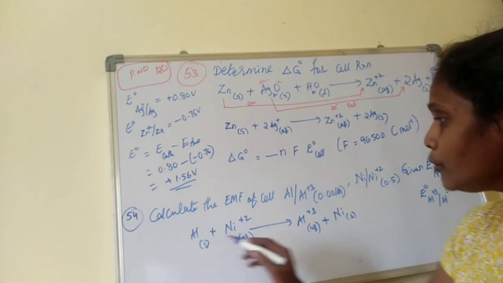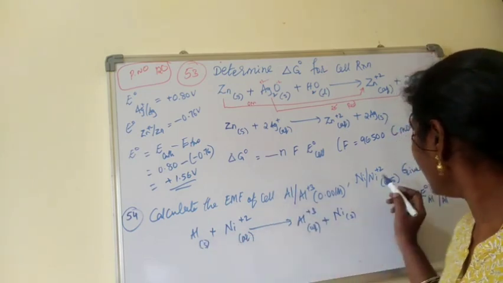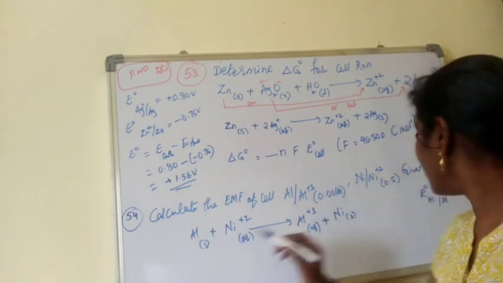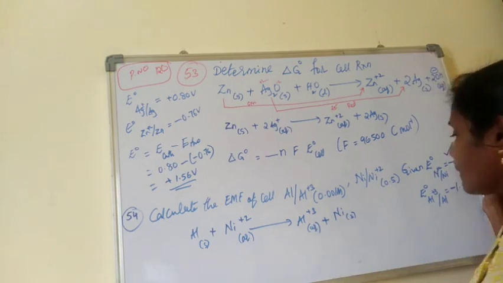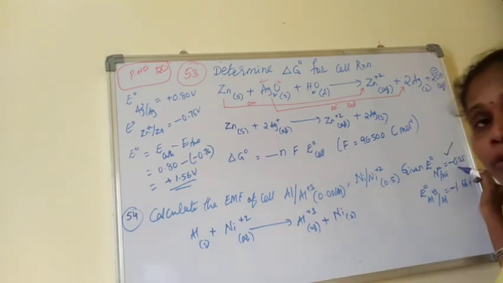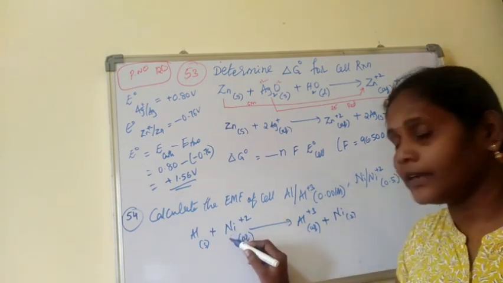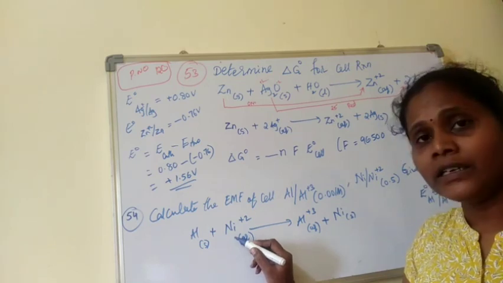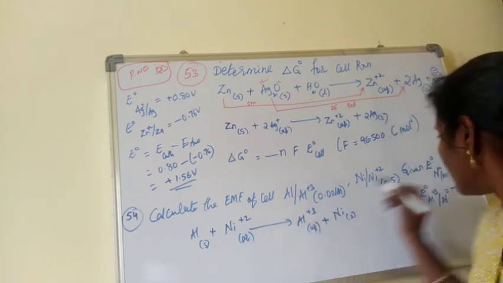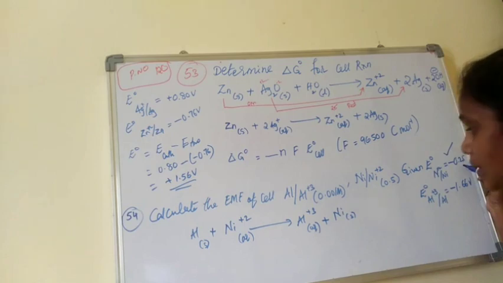Now, how did I come to know that aluminium and nickel plus 2 are the reactants? Because nickel plus 2 has to undergo reduction, having more standard reduction potential. Therefore I have written nickel plus 2 as the reactant.